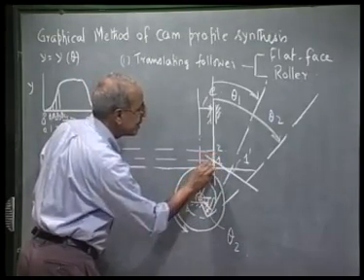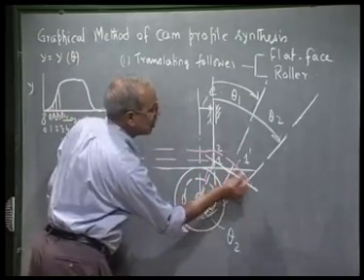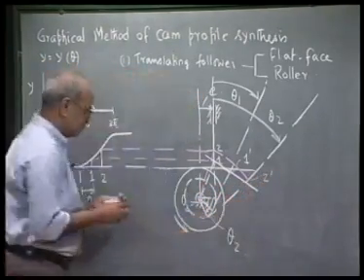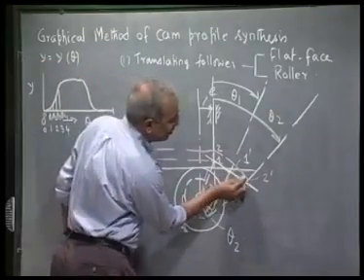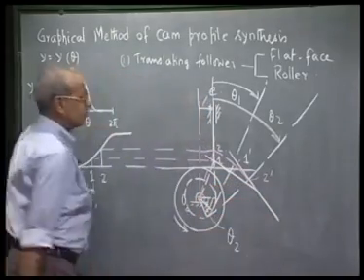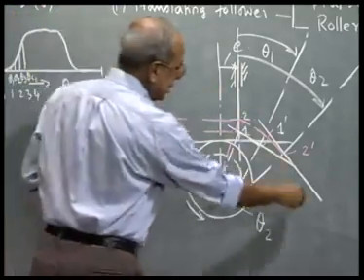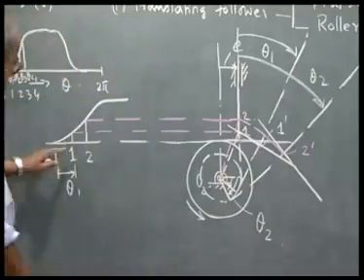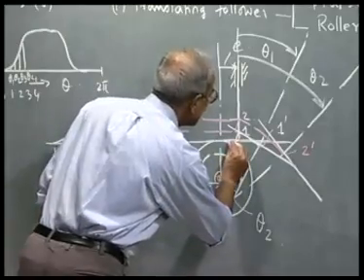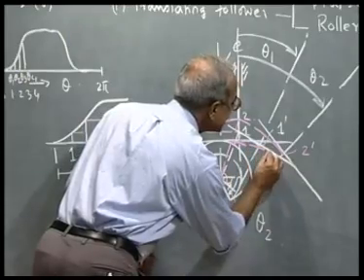So, I rotate about O2, and this is what I call 2 prime. Then the follower face is perpendicular to this line. So, this is the follower face corresponding to station point 2. This way I can draw the inverted position of the follower face corresponding to all the station points 1, 2, 3 and so on. And the cam profile is nothing but a curve which is an envelope to this family of straight lines representing the follower faces.